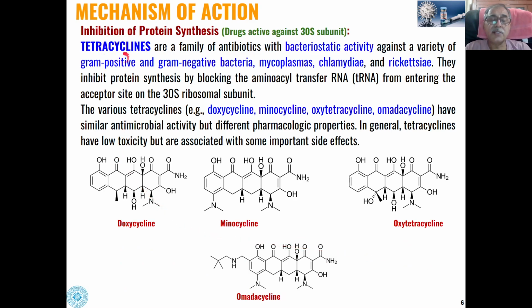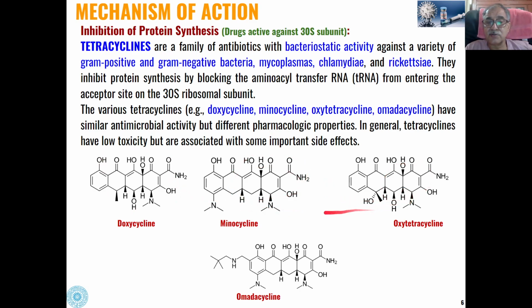Then come tetracyclines. These are the commonly used tetracyclines: doxycycline, minocycline, oxytetracycline, omadacycline. You can see one thing common among all these agents is that they have four cyclic rings in the structure. Because of the four cyclic rings, they are called tetracyclines, and they have structural similarity also.